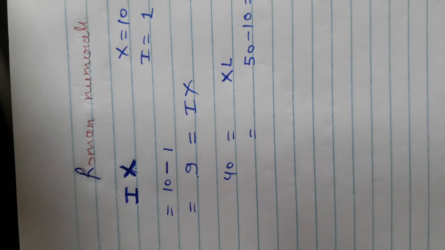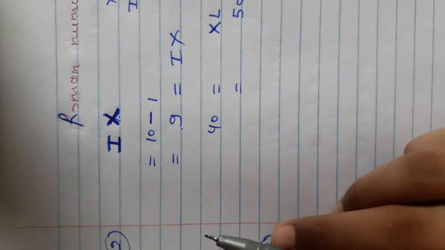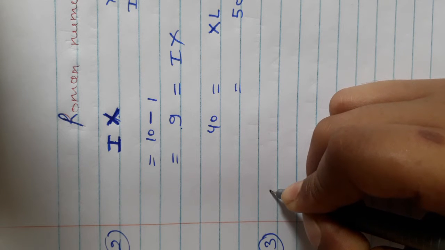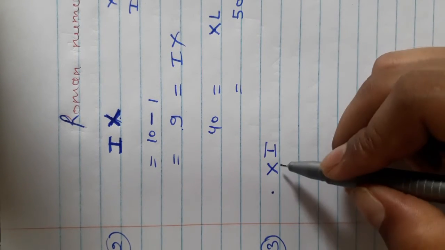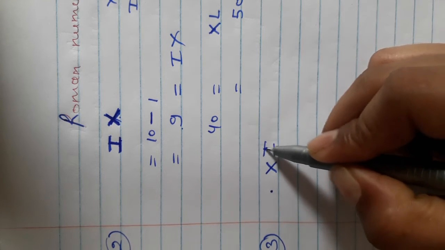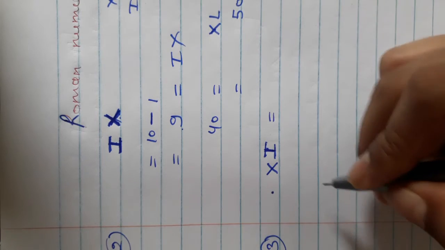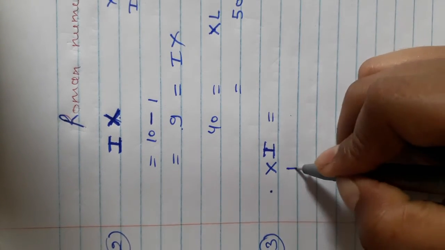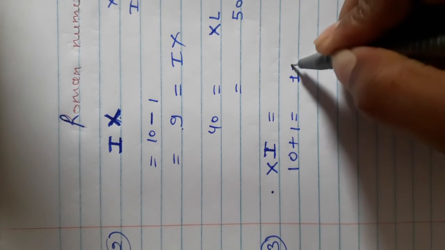Now rule number 3 is just the opposite of rule number 2. Whenever the Roman numeral of smaller value is written on the right hand side, as in X and I, where I is the smaller value written on the right, we just add these values. X means 10 and I means 1, so together it makes 11.